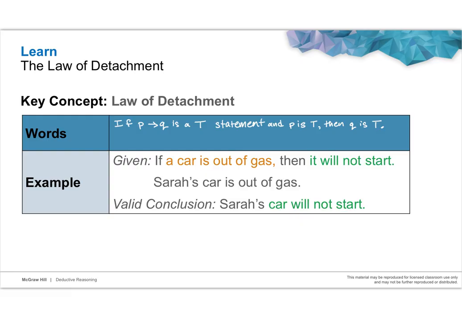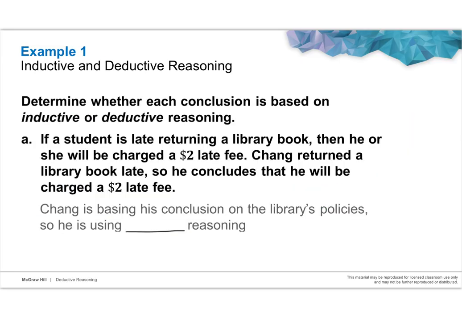We have Sarah's car is out of gas, so the valid conclusion is Sarah's car will not start. Sometimes you hear the Latin phrase ergo, spelled E-R-G-O. It's a word that means the conclusion being, and then whatever your conclusion is follows.